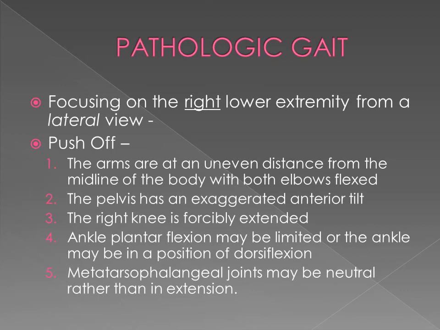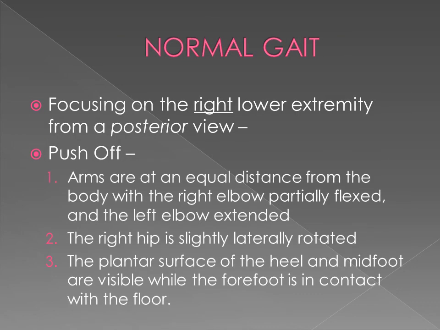And if we look at the injured worker from the posterior view at the push-off phase of gait, in the presence of normal gait, we would see that the arms are at an equal distance from the body. The right elbow is partially flexed, the left elbow is extended, the right hip is slightly laterally rotated, and now the plantar surface of the heel and midfoot are visible, while the forefoot and toes are in contact with the ground or the floor.